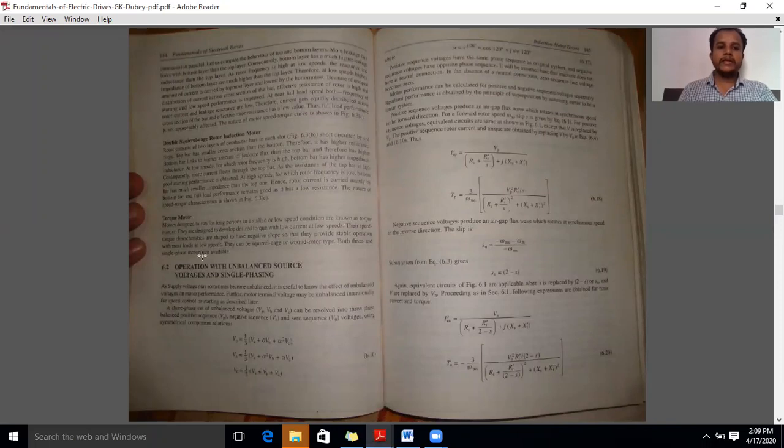You can see here this is the operation with single phasing.